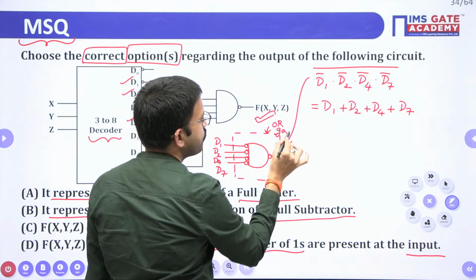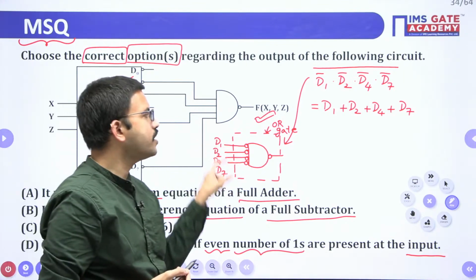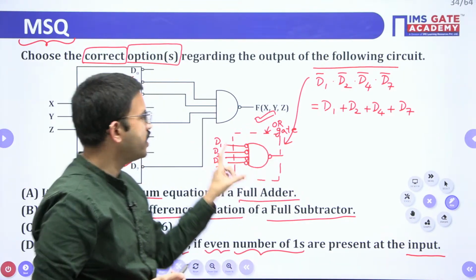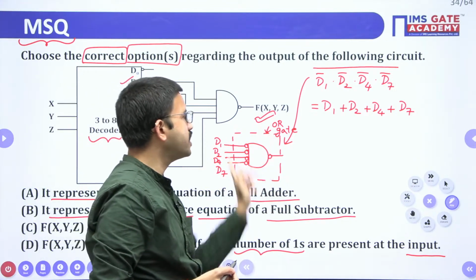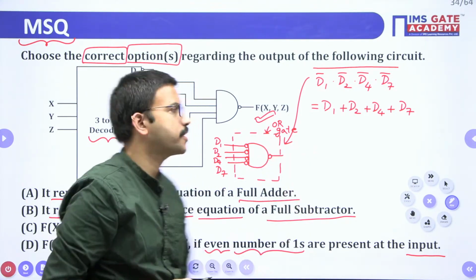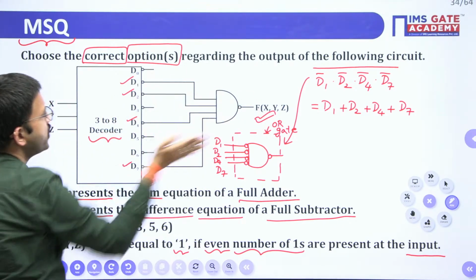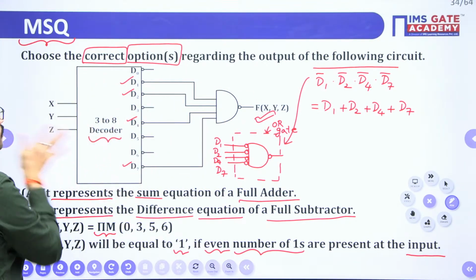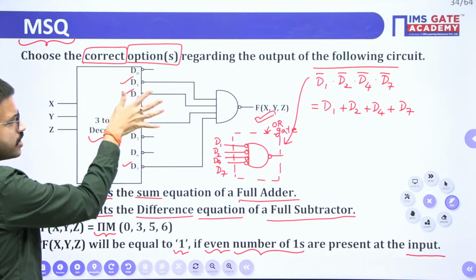Previously we discussed the NOR gate. If the inputs are bubbled, there you got an AND gate. Here you are having a NAND gate with bubbled inputs, so the equivalent circuit is simply an OR gate. Now consider the normal decoder. You are having X, Y, Z as the inputs and D0 to D7 as the normal outputs.